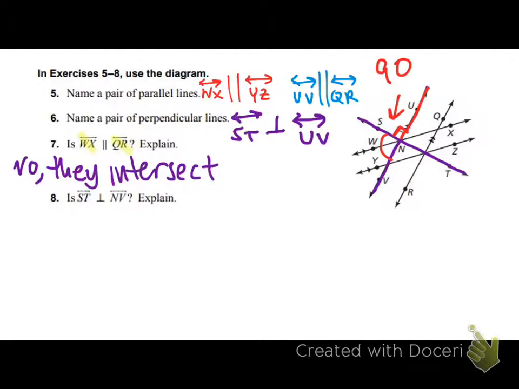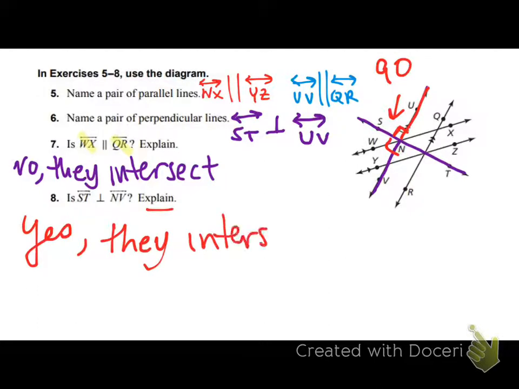So then all of this angle needs to be 90, because 90 plus 90 is 180. So are these two lines perpendicular to each other? They are. And when it says explain, you're just going to use the definition: they intersect and form 90.